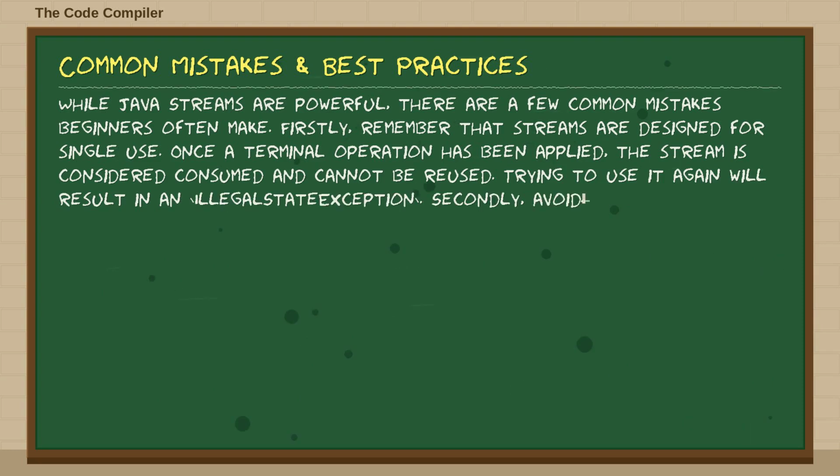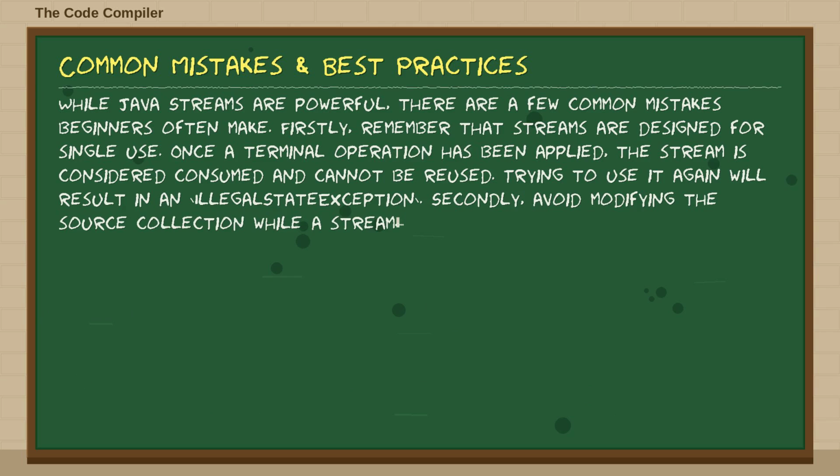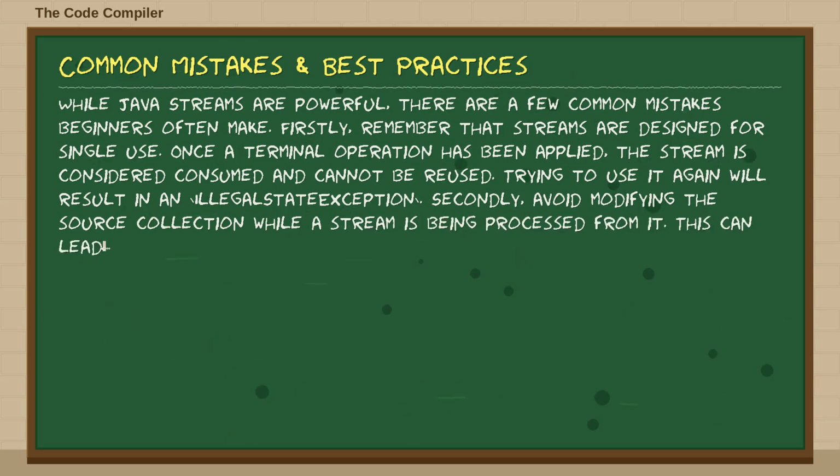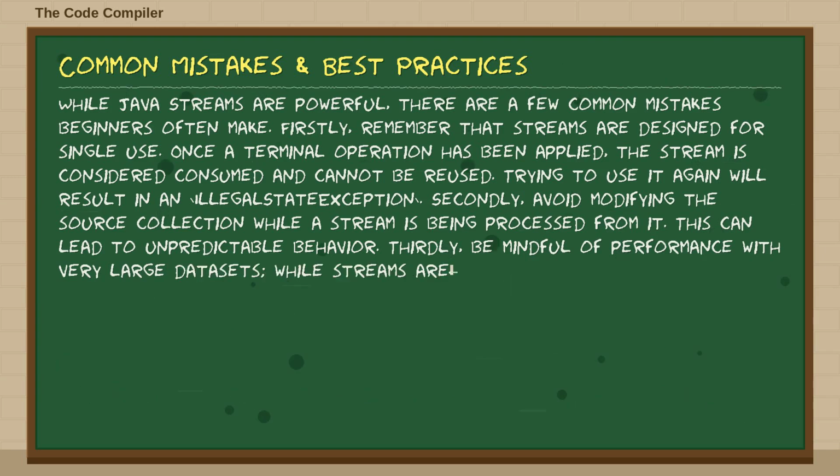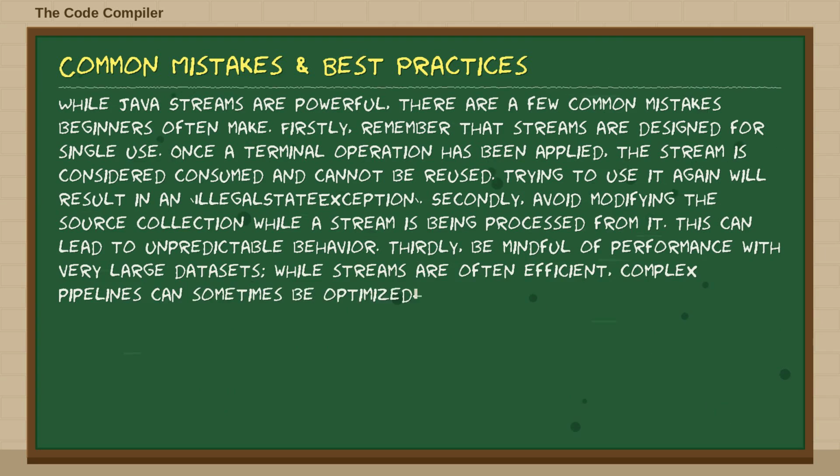Secondly, avoid modifying the source collection while a stream is being processed from it. This can lead to unpredictable behavior. Thirdly, be mindful of performance with very large datasets. While streams are often efficient, complex pipelines can sometimes be optimized further.